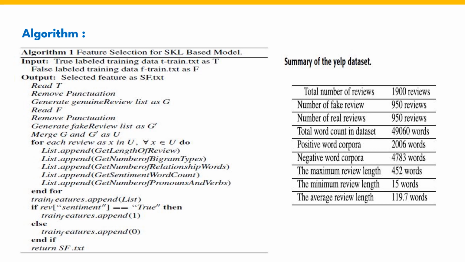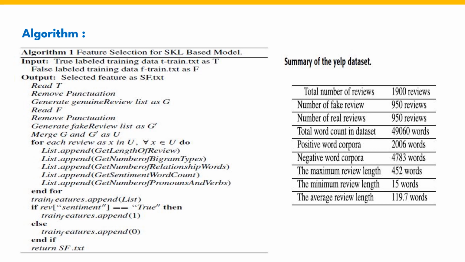And here we are going to discuss the summary of the dataset. Here the total number of reviews created is, for example, 1900 reviews. Of these, 950 reviews are fake reviews and 950 are real reviews. The total word count in this dataset is 49,060 words. It means the positive reviews are 2006 words and the negative reviews are 4786 words.